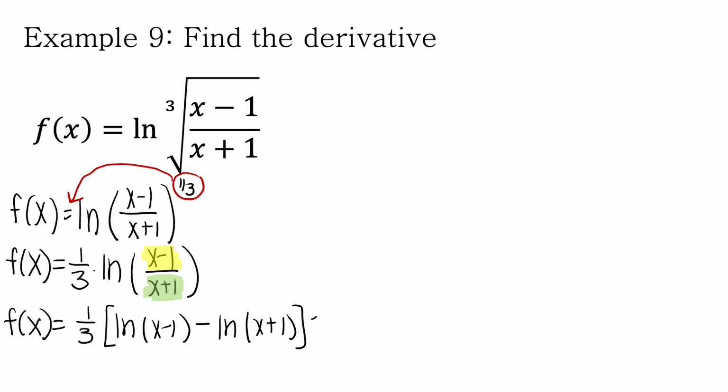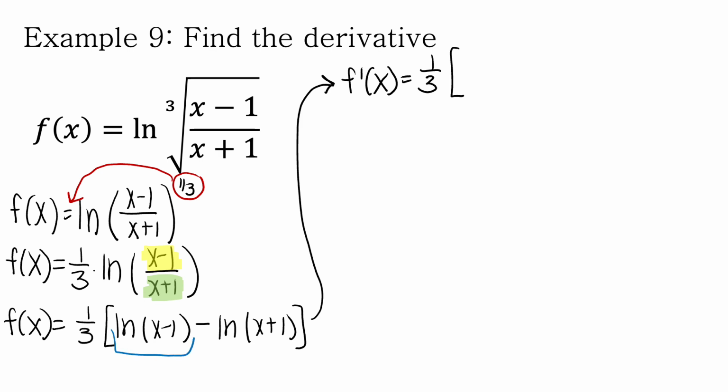So I'm going to scooch this up here actually. So taking our derivative f prime of x, our 1/3 is a constant multiple, so I'm going to keep that on the outside. Let's start by taking the derivative of our first function, the natural log of x minus 1. Again, we're looking for that u prime over u.